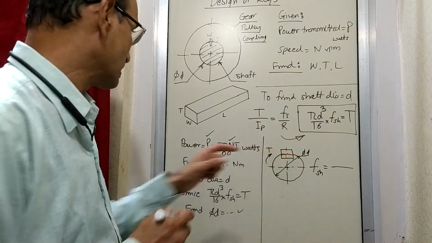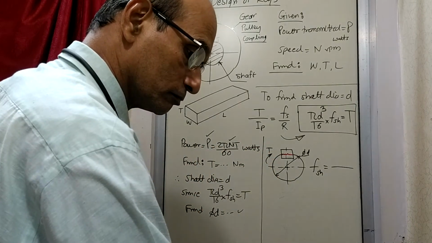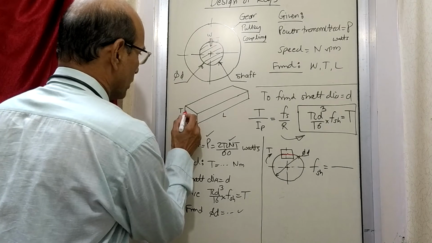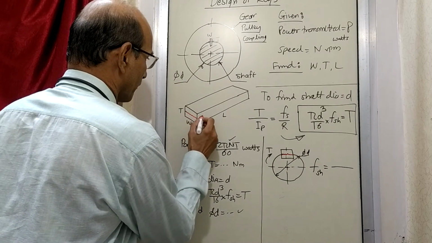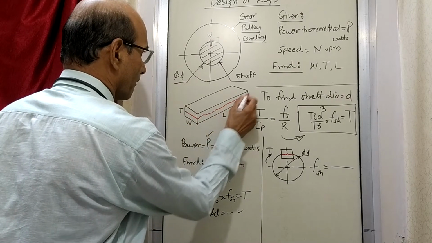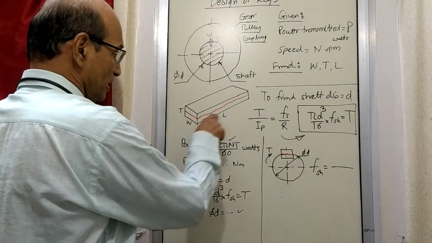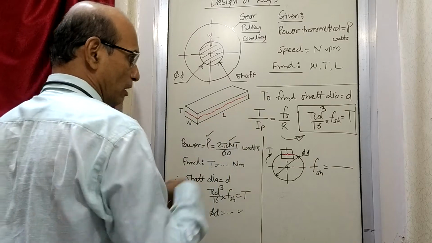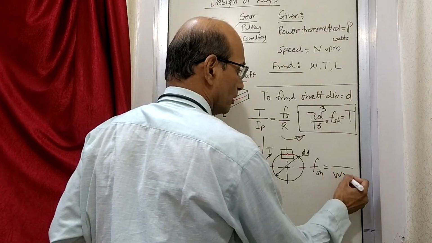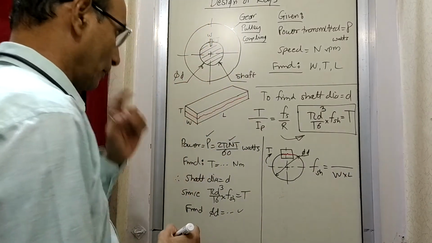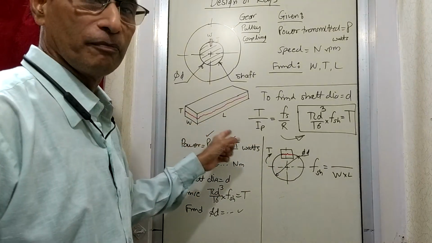I'll draw it here. We have shown that it is breaking from here, along this. So the area is W by L: the width W into the length L. This is the area which is resisting this shear failure.